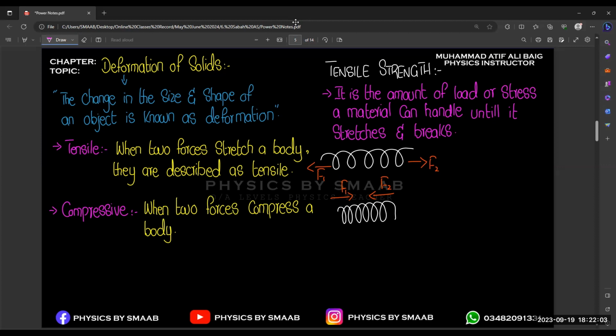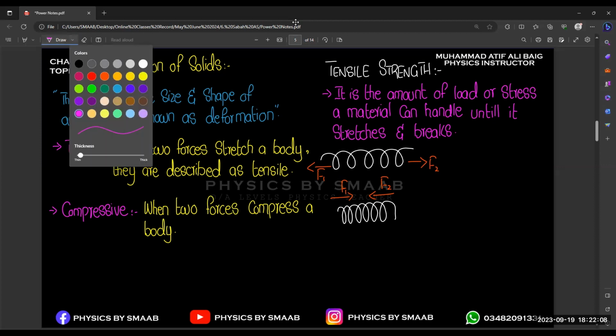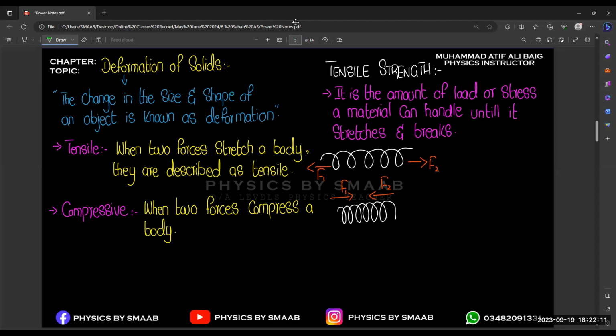And if we take some common examples from materials of our daily life to know the idea of tensile strength, so some materials, if we take the example of concrete, if we take the example of rubber, what about a rope?